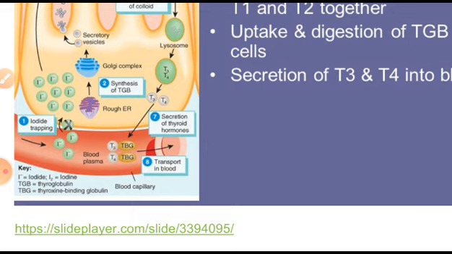Now, who is transporting this process? One specific membrane-bound protein, which we call the sodium iodide symporter, NIS. This sodium iodide symporter will take this iodine in, right? Now, this iodine will go inside.